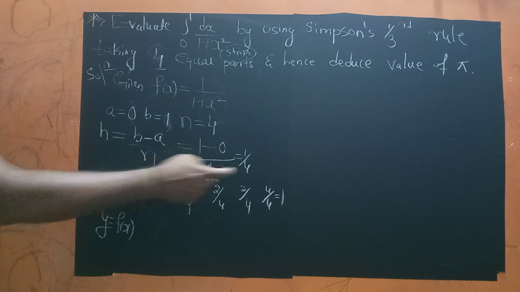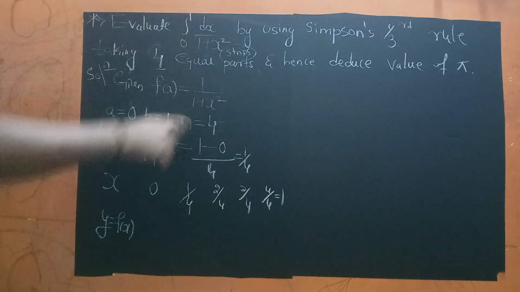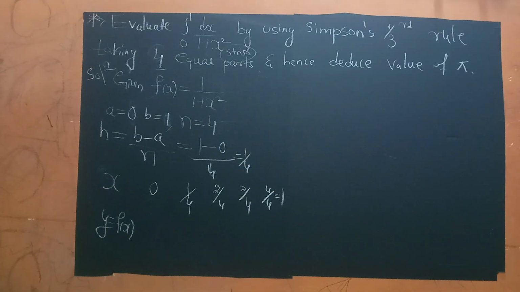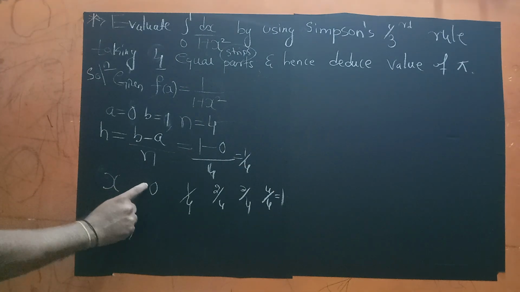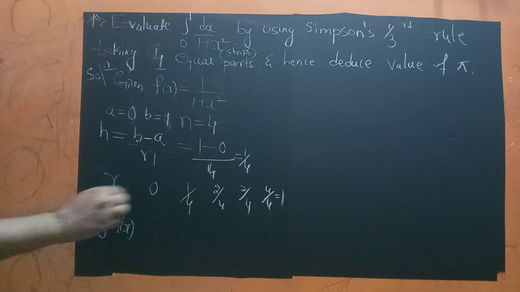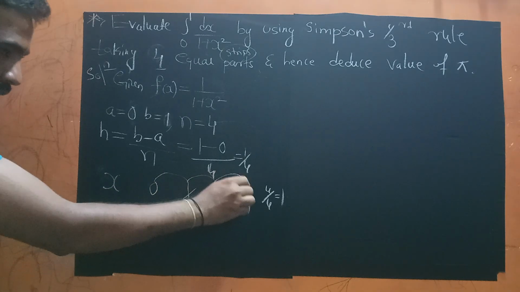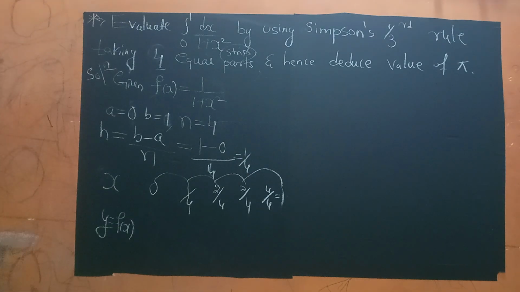The lower and upper interval values are preserved. We have divided 0 to 1 into 4 equal strips by taking the step size h equal to 1 by 4.